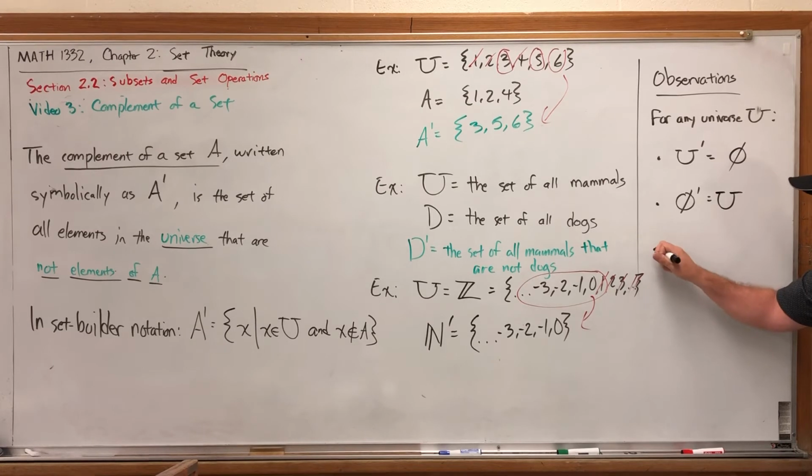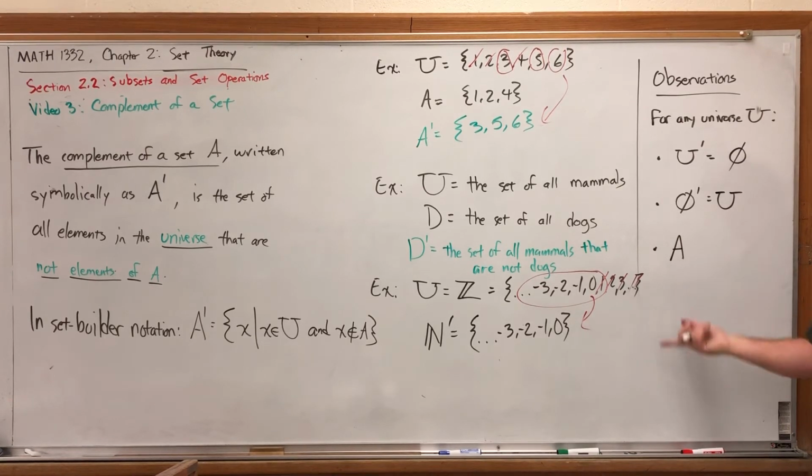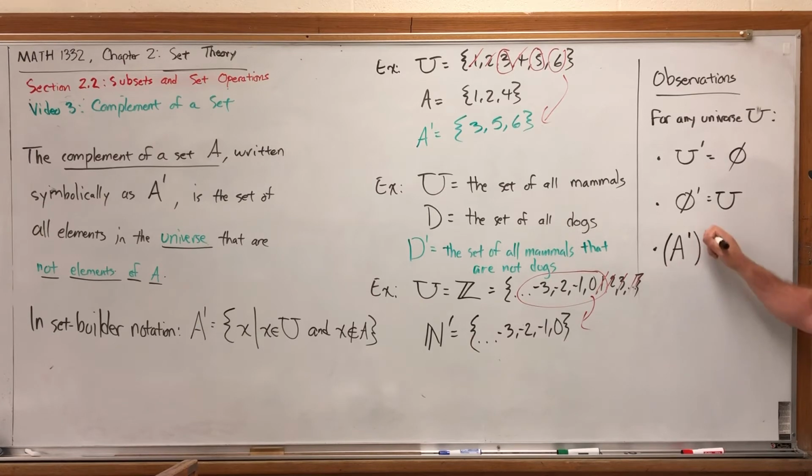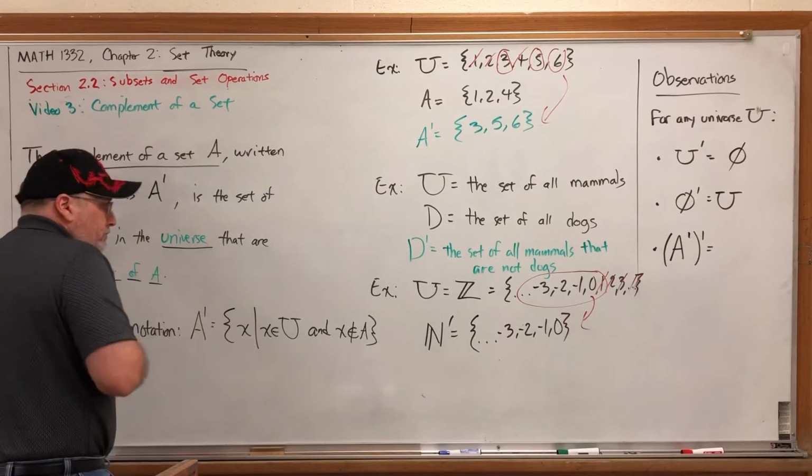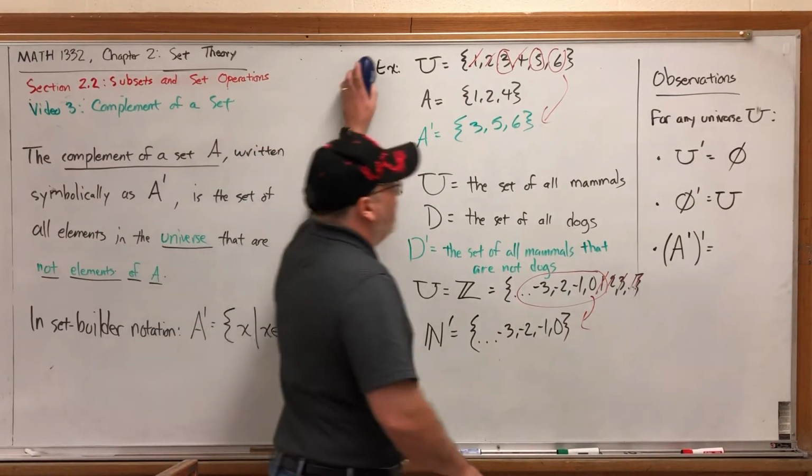For the last observation, let's say we take any set, not necessarily the universe, but some set inside of the universe, take its complement, but then take the complement of the complement. Now, this might take a little bit of thinking. What do I mean by the complement of the complement?